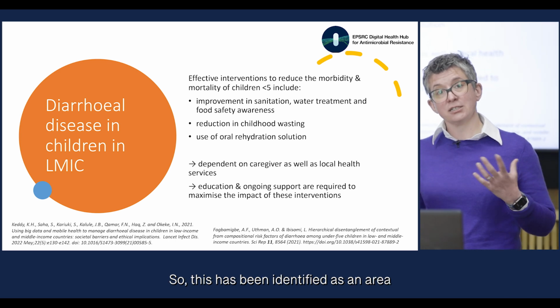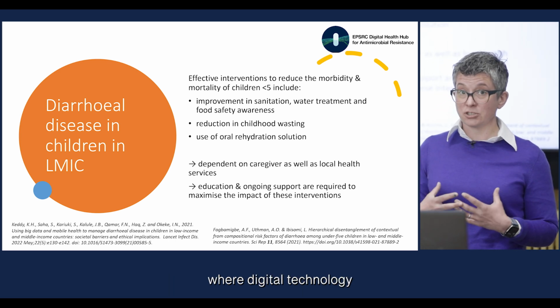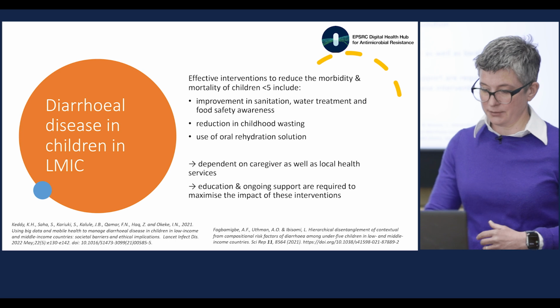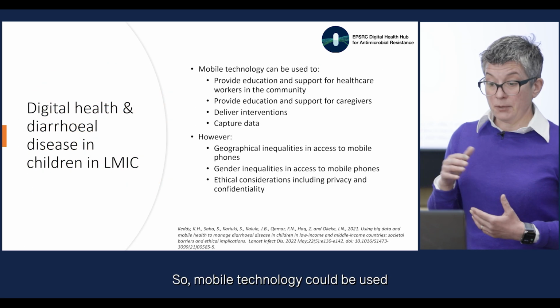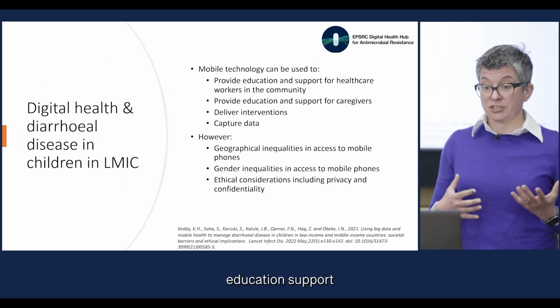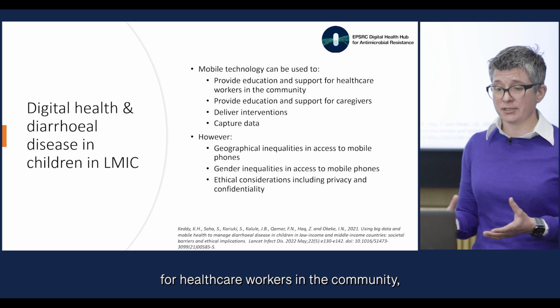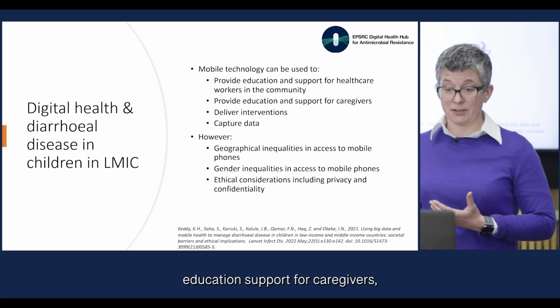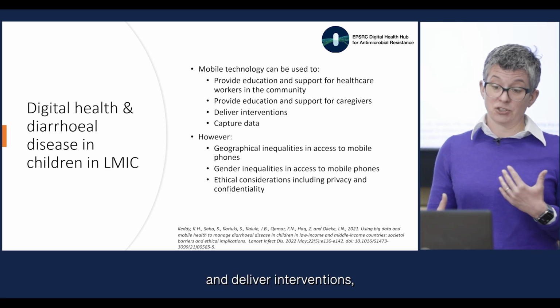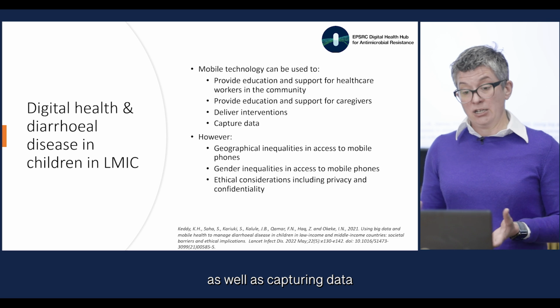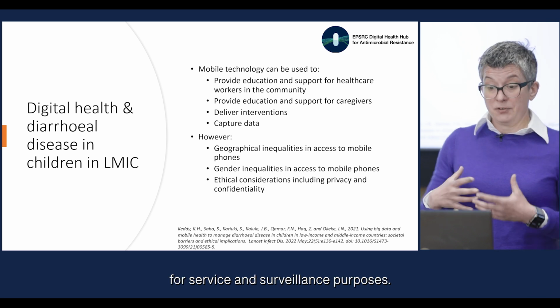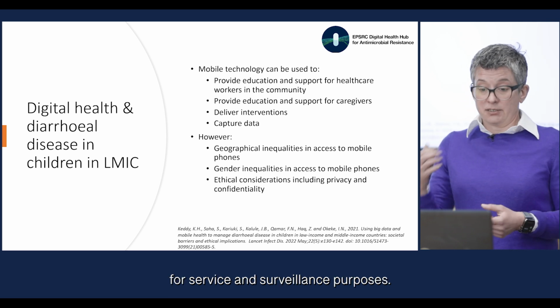So this has been identified as an area where digital technology could really make a difference. Mobile technology can be used to provide education and support for healthcare workers in the community, education and support for caregivers, and deliver interventions, as well as capturing data for service and surveillance purposes.